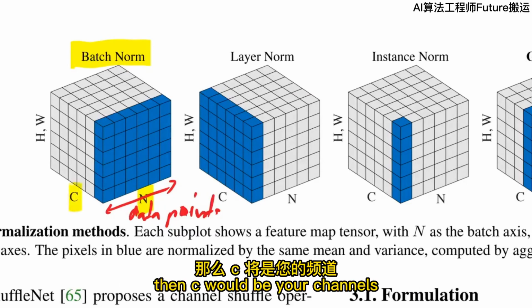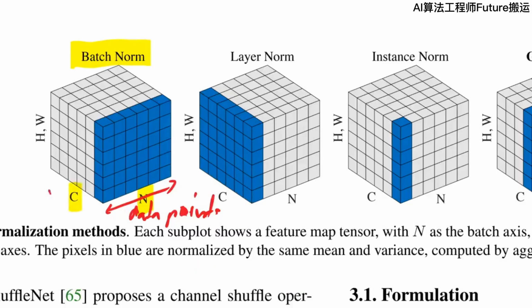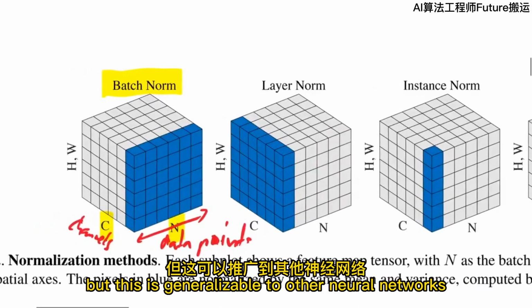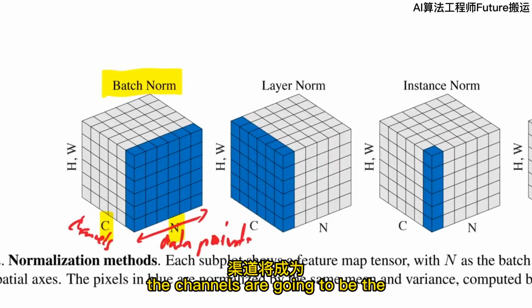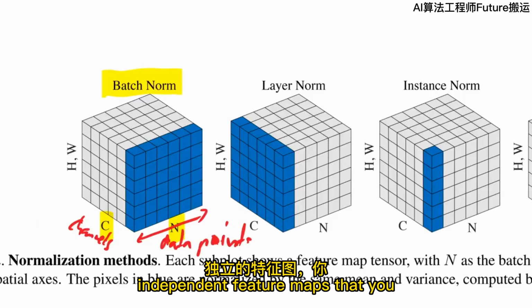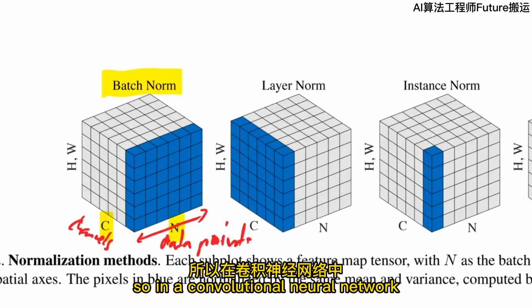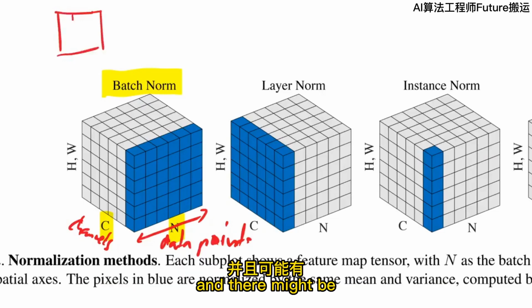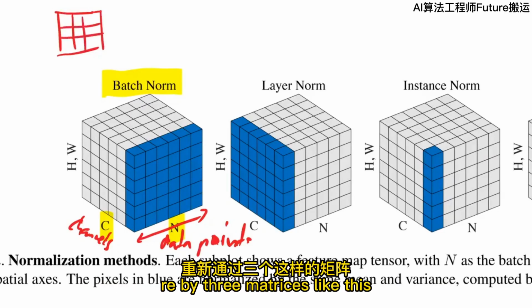Then C would be your channels. So we are talking about convolutional neural networks here, but this is generalizable to other neural networks. The channels are going to be the independent feature maps that you're going to have. So in a convolutional neural network, usually each layer has these things called kernels, and there might be 3 by 3 matrices like this.